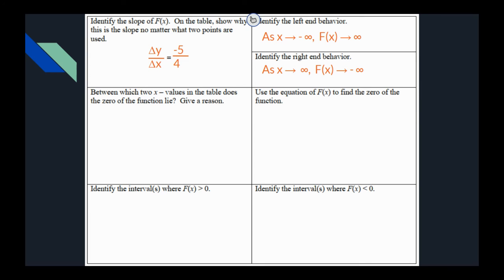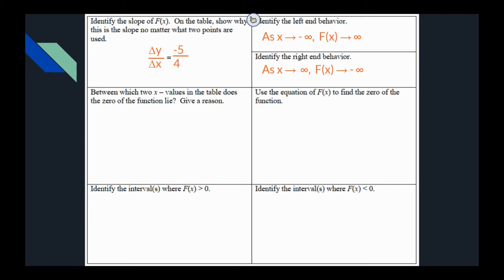Anybody? Why is the 0 between those? If you didn't have the graph. What's your y value of your x-intercept? Because -2 is the smallest negative, and then +2 is the smallest positive, the closest to 0. Okay.